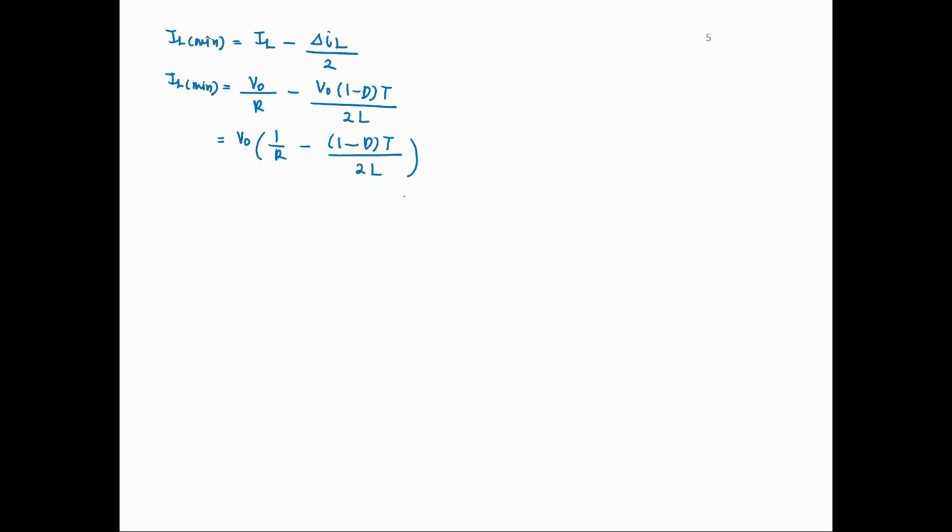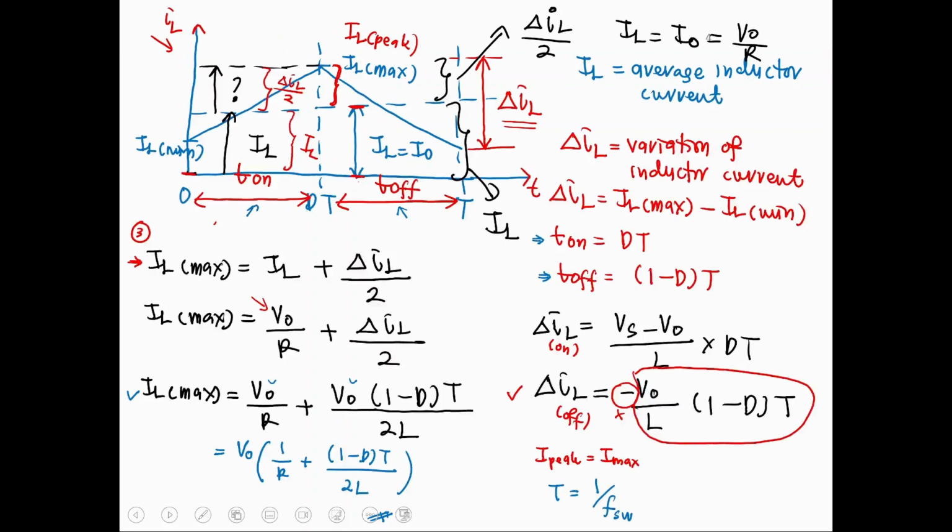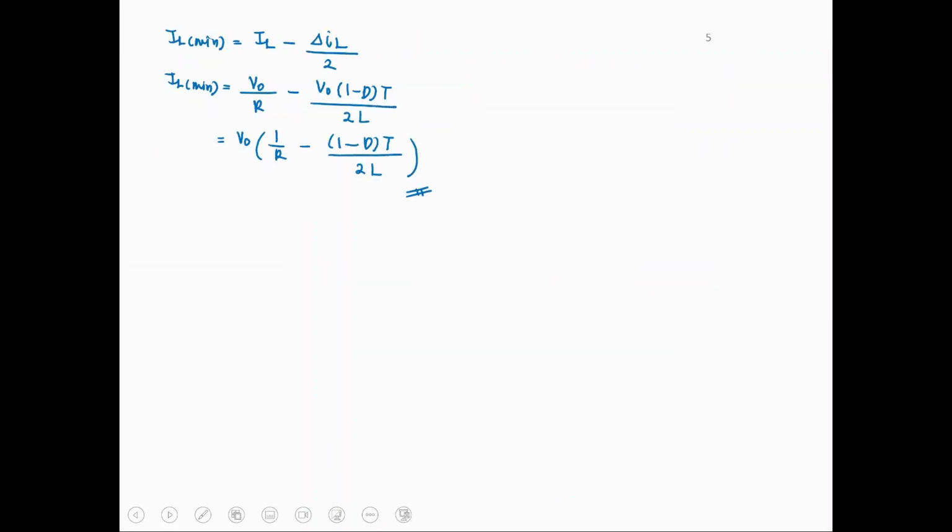So this is your minimum inductor current. This is the fourth equation, then the fifth equation.